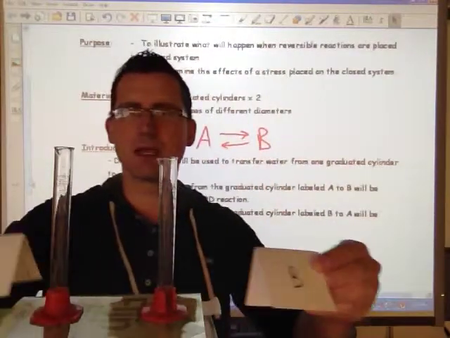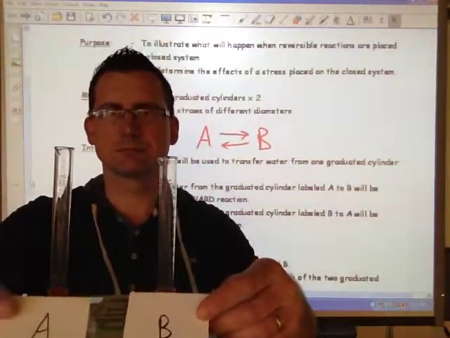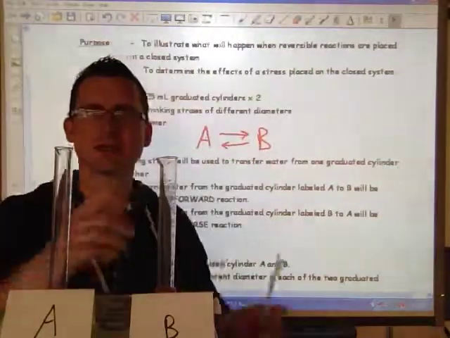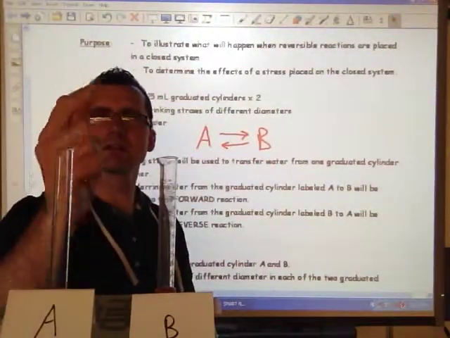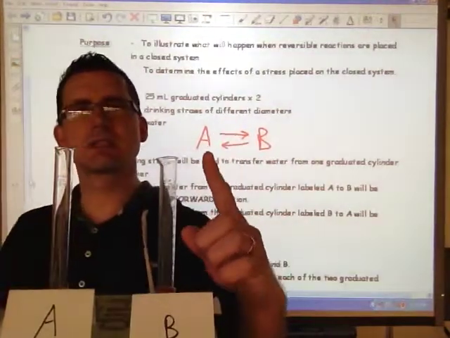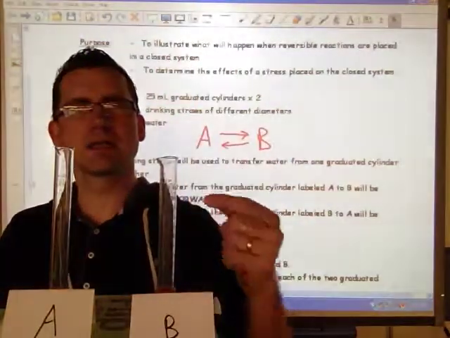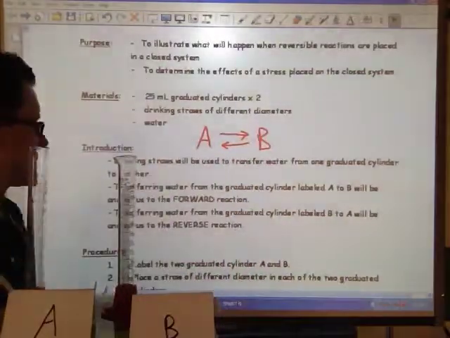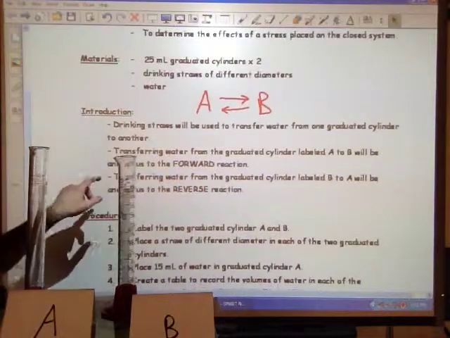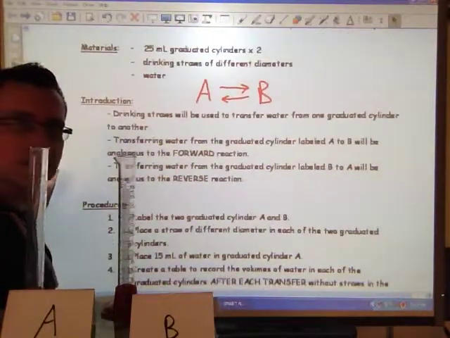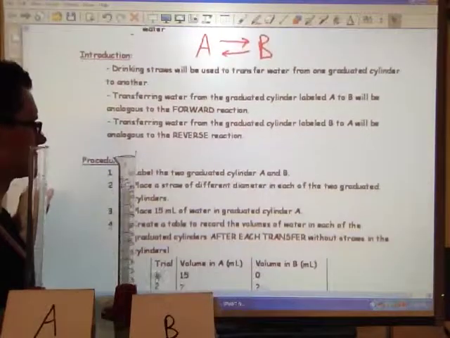We'll call one A, call one B. See how it looks pretty good there? So taking water from this cylinder, putting it in this cylinder is the forward reaction. Taking water from this cylinder, placing it back is the reverse reaction. Okay? So let's move those off to the side for a little bit. So forward and reverse reactions, and that's what we're going to try to simulate using water and cylinders.